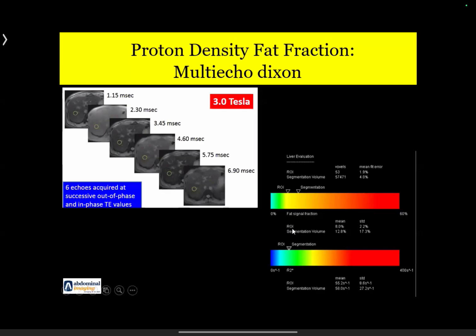It can give you fat quantification ROI-based also, and there is automated computer software that gives you the fatty load of the entire liver, which comes as a segmentation volume, and it tells you about the iron content also. So if you have a patient who has iron overload, the sequence can still give you accurate fat estimation.